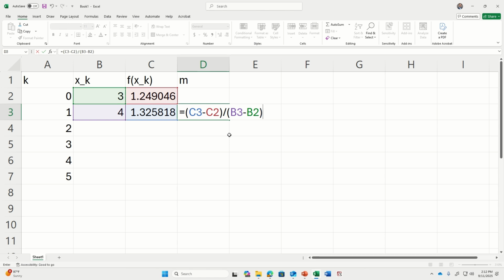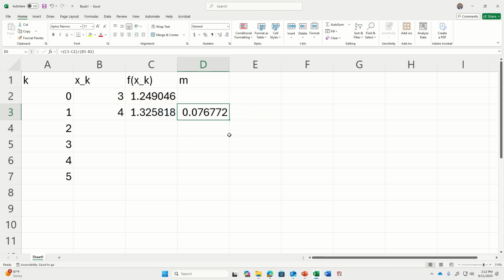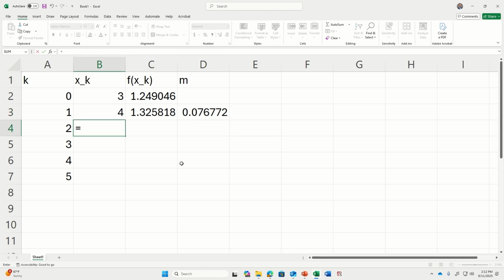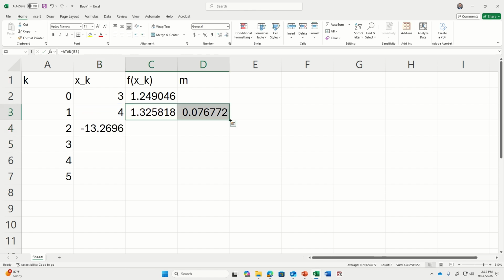That rise over run thing, average rate of change. And then to get the next iterate, we take the previous iterate minus the function value divided by the average rate of change. And so that is my secant method.